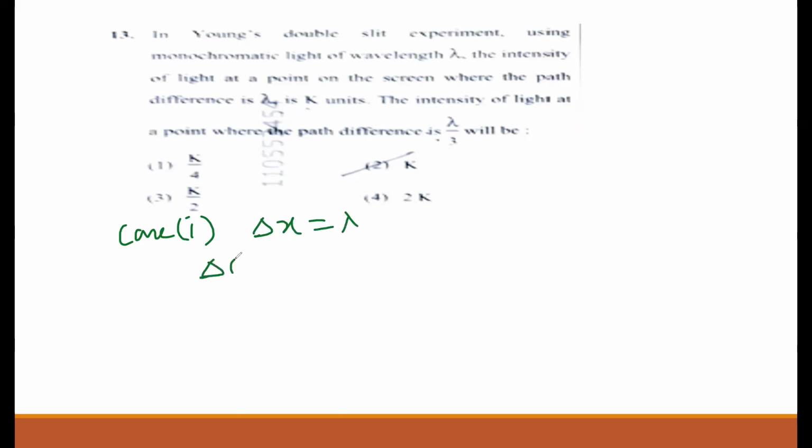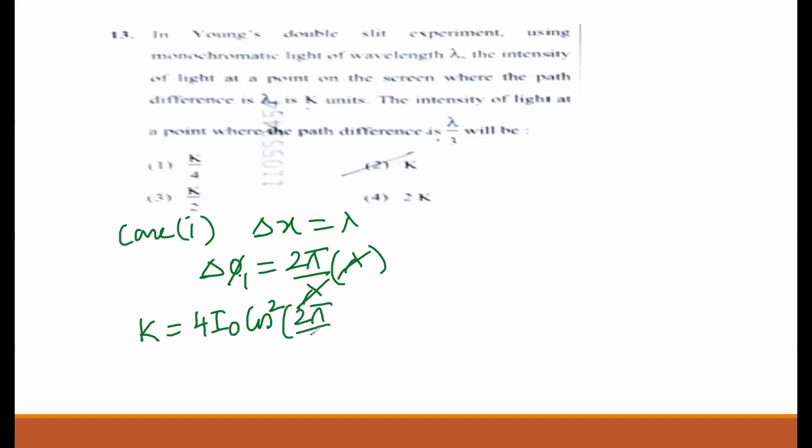So the phase difference would be 2 pi by the wavelength into the path difference, that is lambda itself. So here it is 2 pi. In that case the intensity is k, but that is nothing but 4 I naught cos square of the phase difference by 2, which is cos square of 2 pi by 2. So cos pi is minus 1, whole square, that is 4 I naught. So that is k.